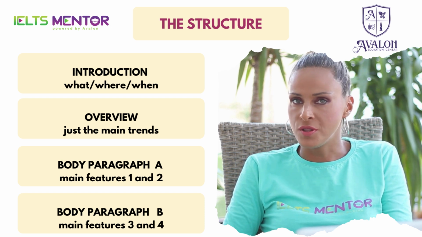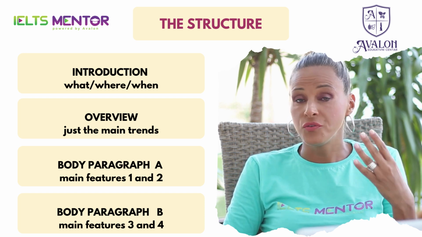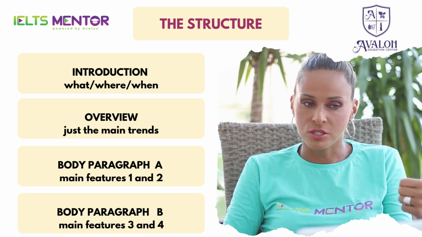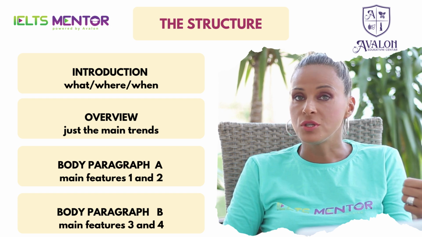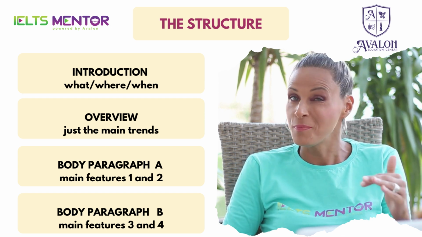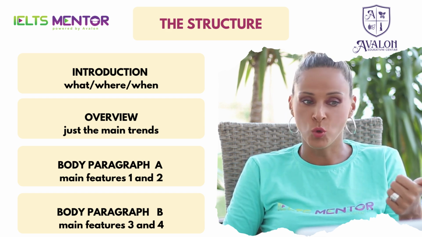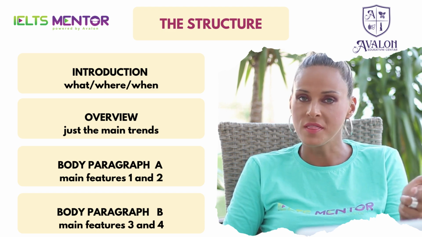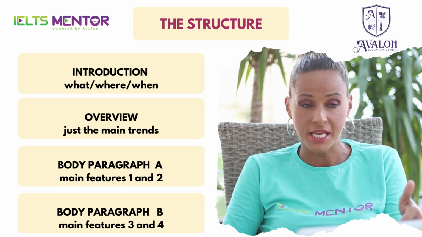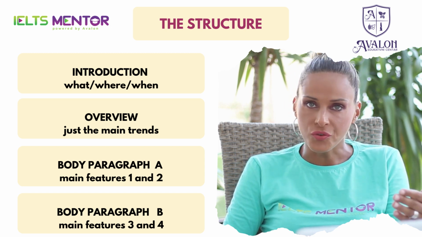So the structure, we're talking about structure now. And here on the left hand of your screen, you will see that there are 4 paragraphs. Introduction, and here you need to paraphrase the title without copy-pasting it. You need to answer a few questions such as what, where, and when. We'll discuss it in details further later. The second body paragraph is overview.